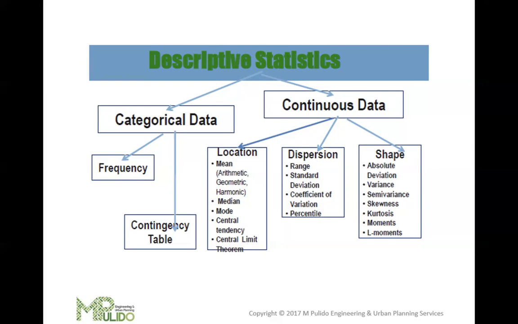So we have two under descriptive statistics: categorical data and continuous data. Under categorical, we have frequency and contingency table. Then for continuous data, we have location, dispersion, then shape.